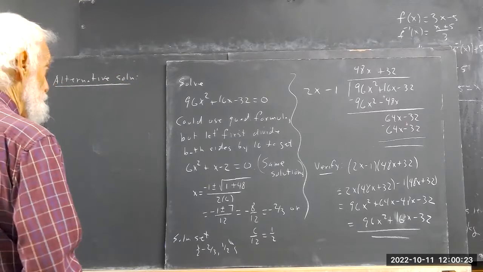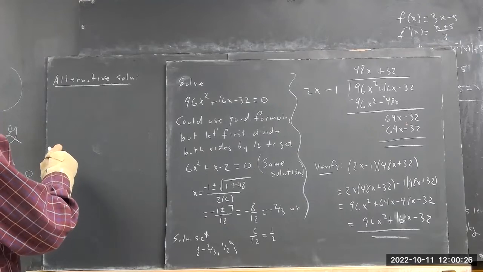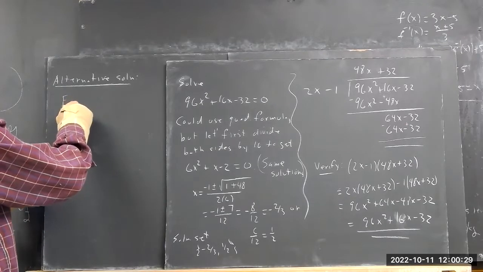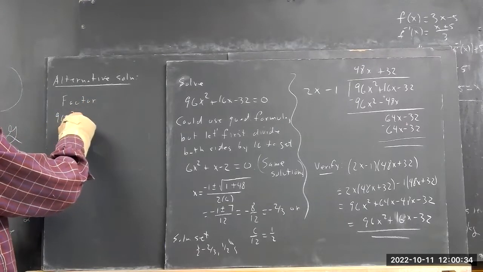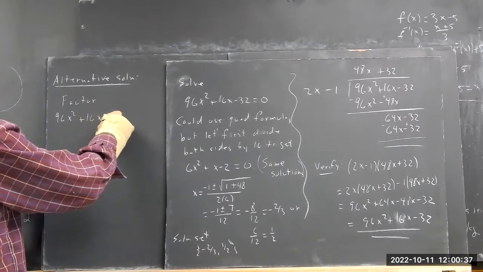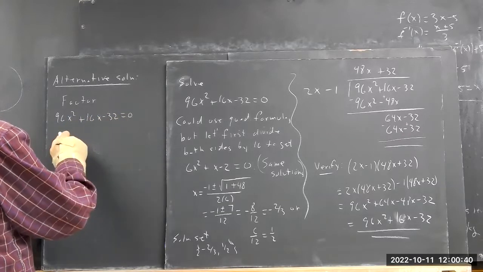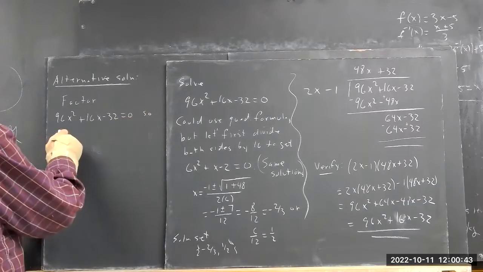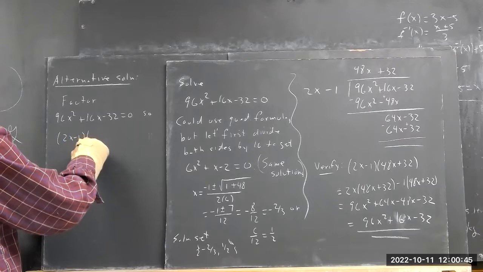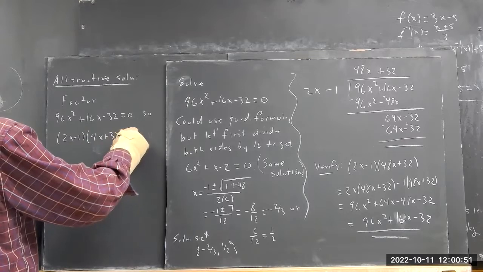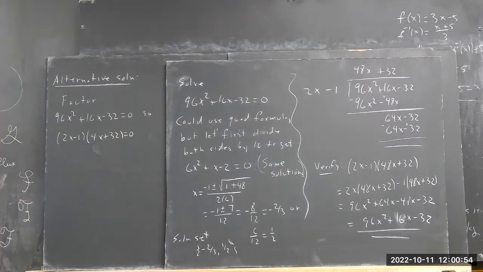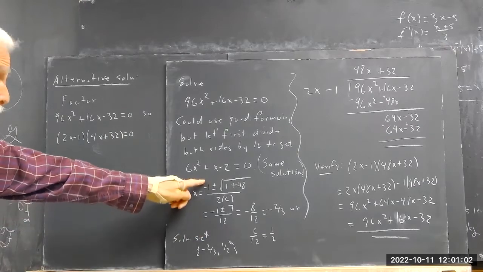An alternative solution, we could get this. Now, we would have been better off to divide through by 16, so we only have to factor this.